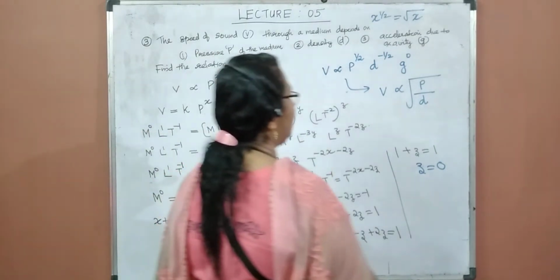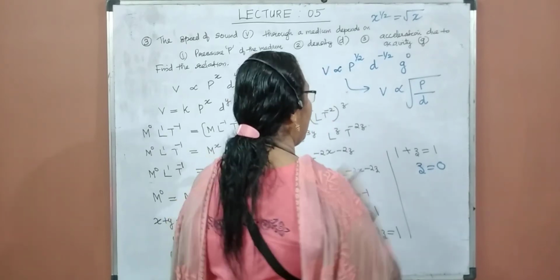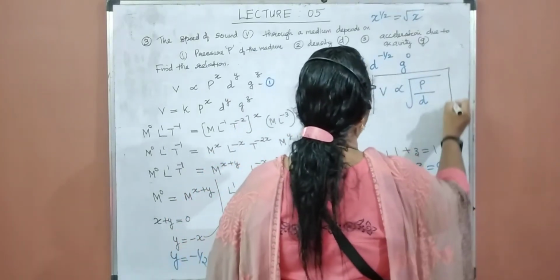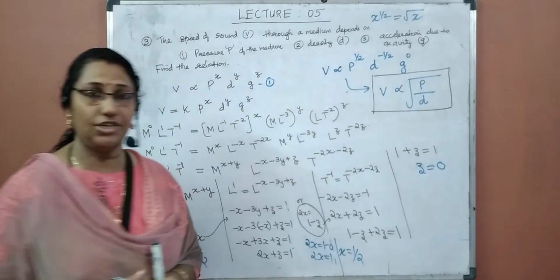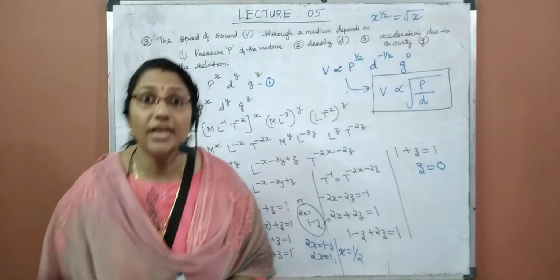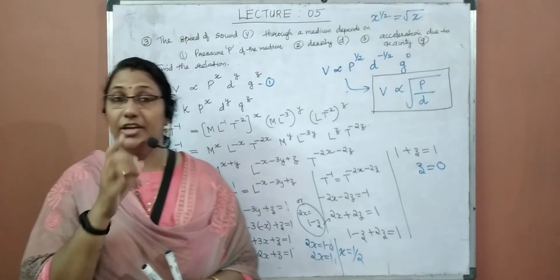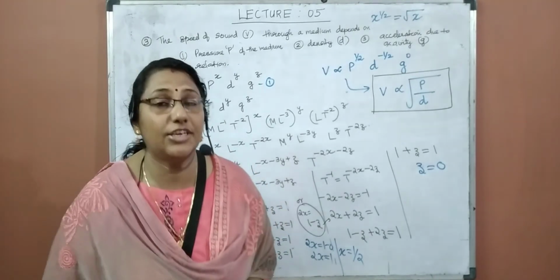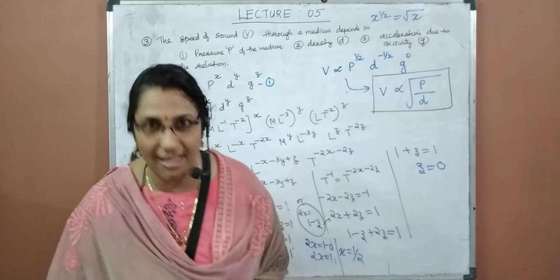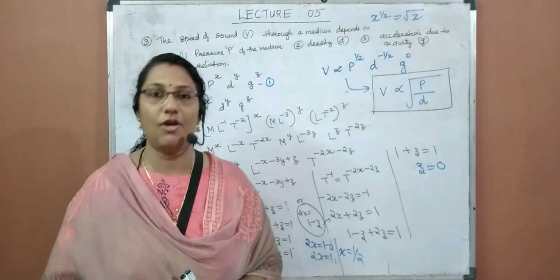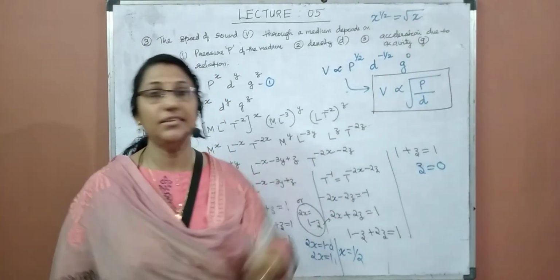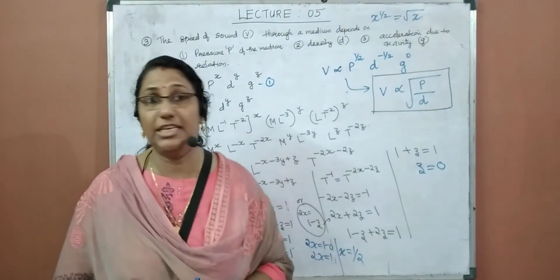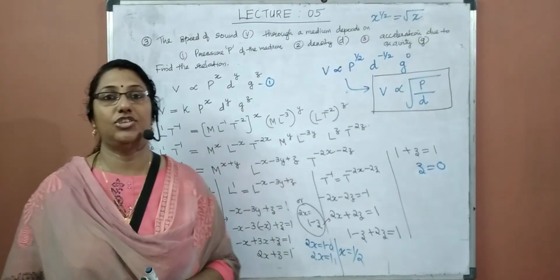So what is the relation of velocity with the pressure, density and acceleration due to gravity? How does the speed of this sound wave depend on the pressure, the density of air and acceleration due to gravity? Yes, it depends upon pressure and density, but it is independent of acceleration due to gravity.